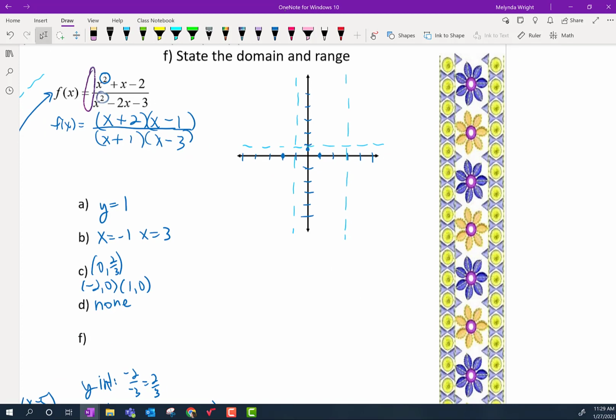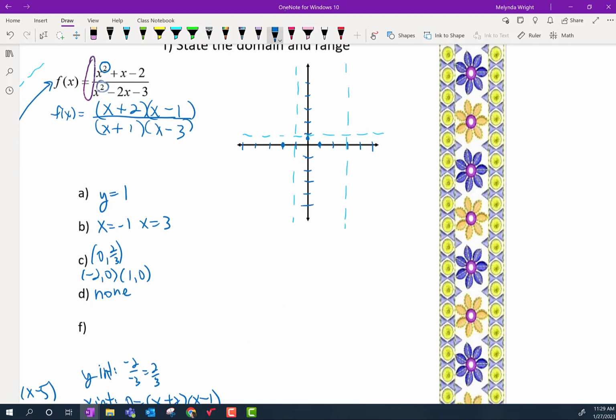Our y value of our horizontal asymptote is 1. We're going to set 1 equal to the equation, which is x squared plus x minus 2 over x squared minus 2x minus 3.